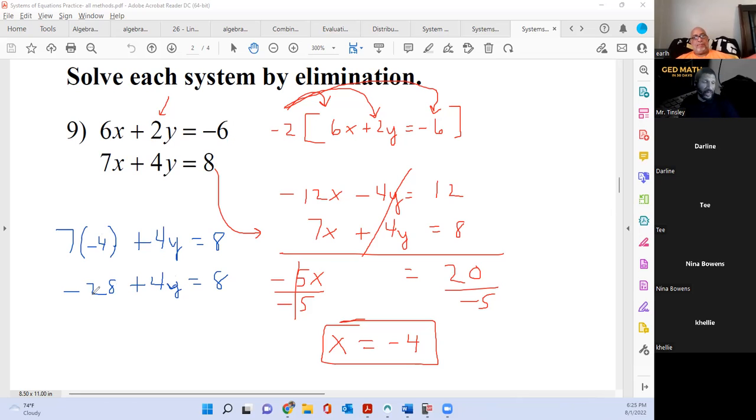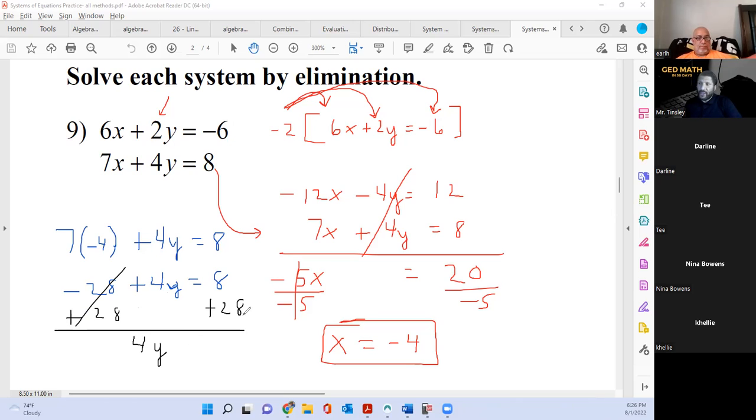Should we get rid of the -28 or the 4 first? Is it the -28? And what's the opposite? How do we get rid of -28? Positive, +28. So we're going to do a +28 on both sides, because whatever we do to one side, we do on the other. The 28 cancels, we get 4y.